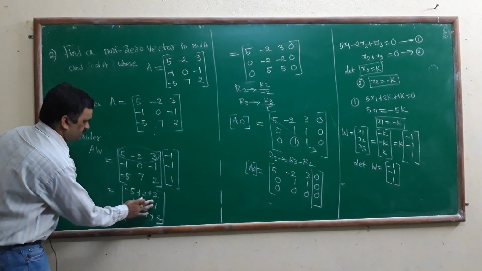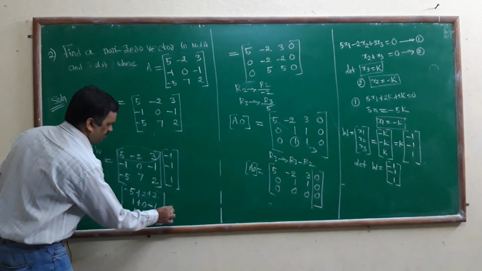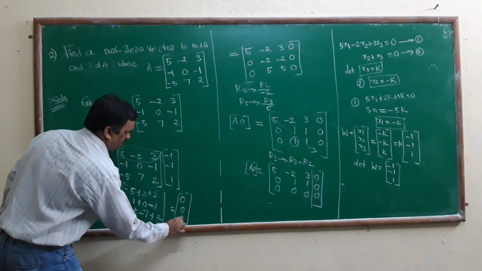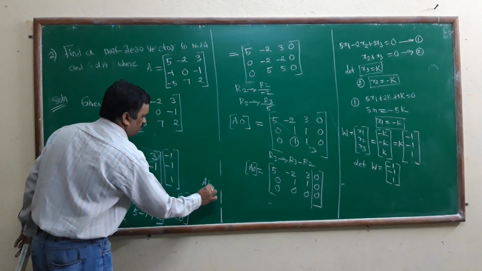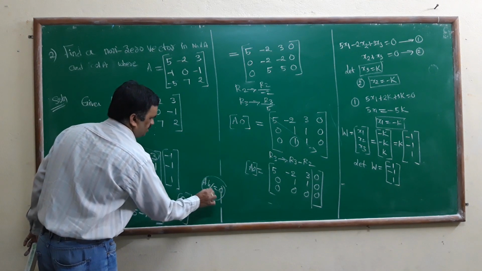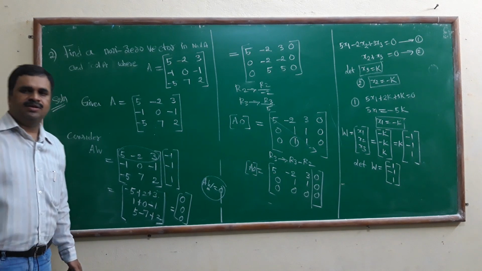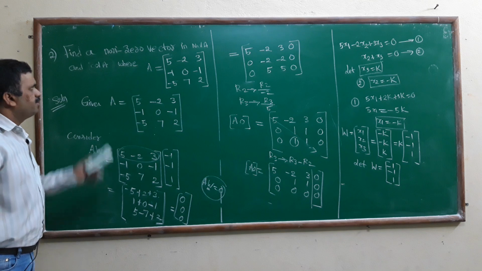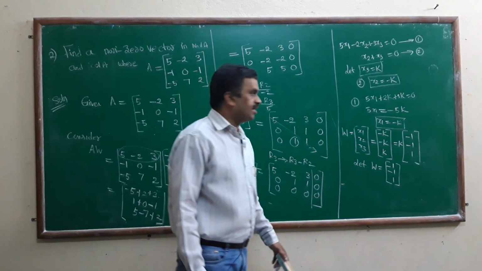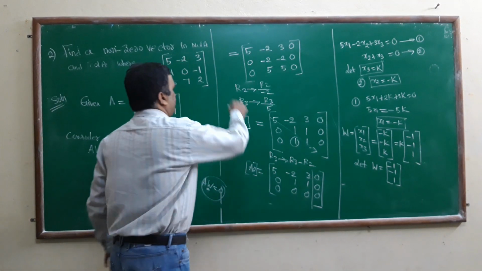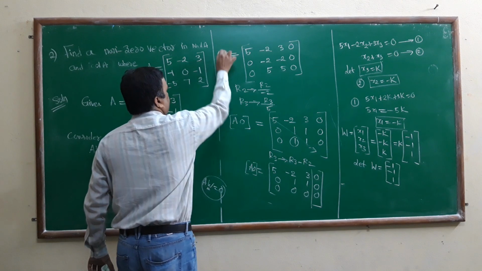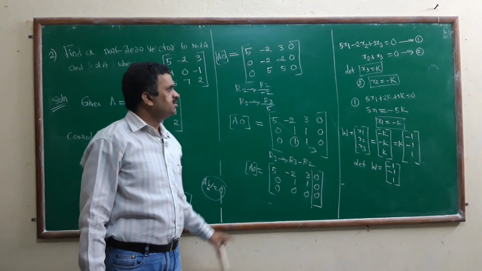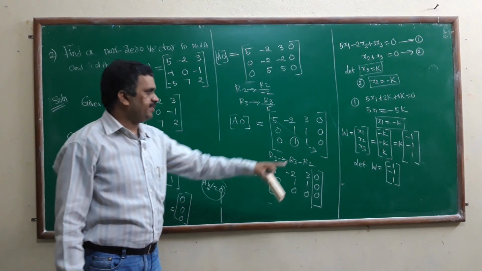Yes, this is minus 1. So simply we are getting 0, 0, 0. Therefore, Aw is equal to 0 we got. So simply I can say w is a non-zero vector in null A. So it is very simple to find a non-zero vector in null A. Simply consider the augmented matrix A0, simplify it, you will get the equations, solve the equations, we get a vector.